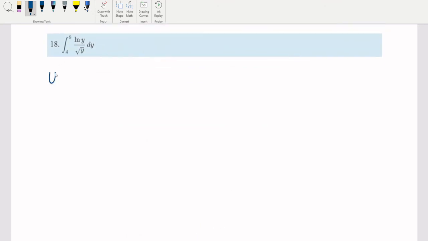Let's try it out. u equals, du equals, and then we've got dv and v. Okay, so what are we going to pick here? Well, we saw natural log earlier and really did not want to put it down here. So just because of previous experience, I don't want to put the natural log here. Let's put it here.